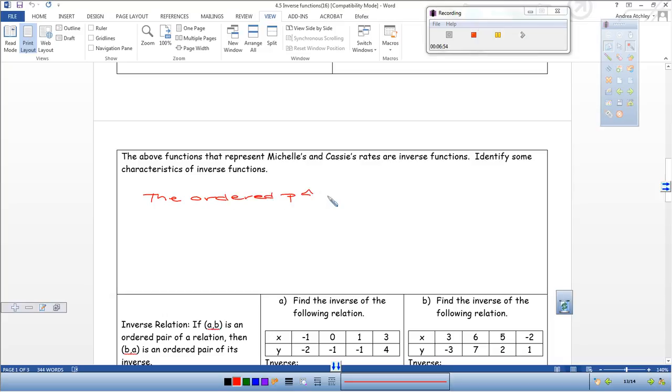The ordered pairs are the same, but the x and y values are switched.